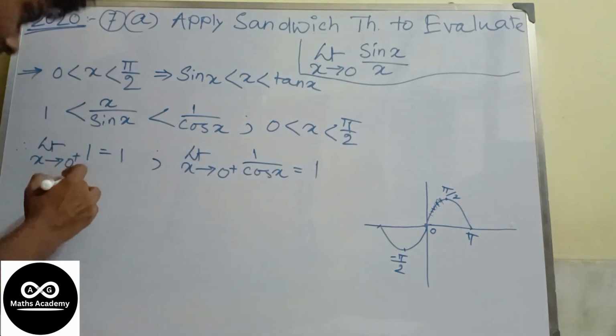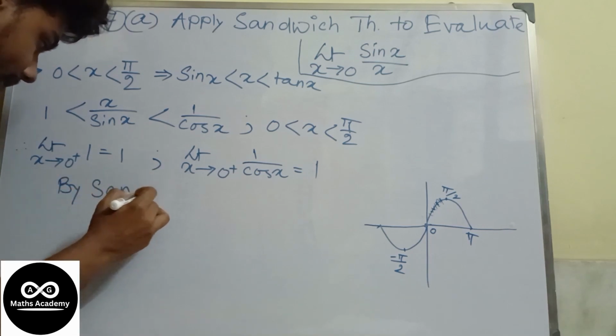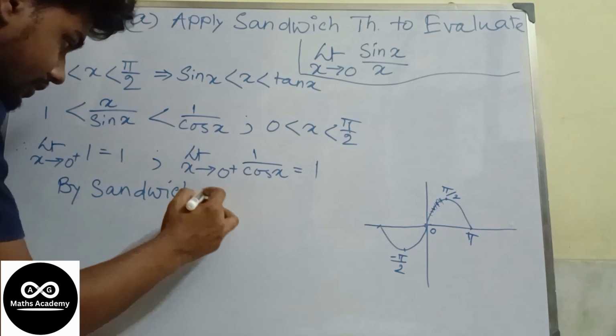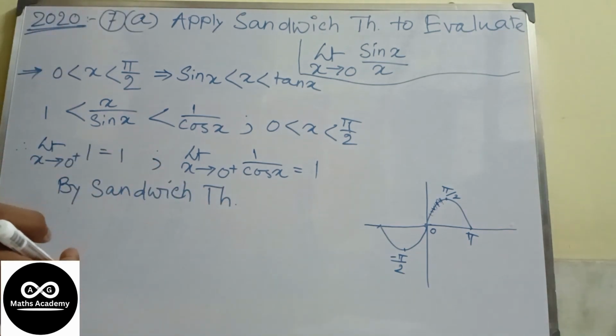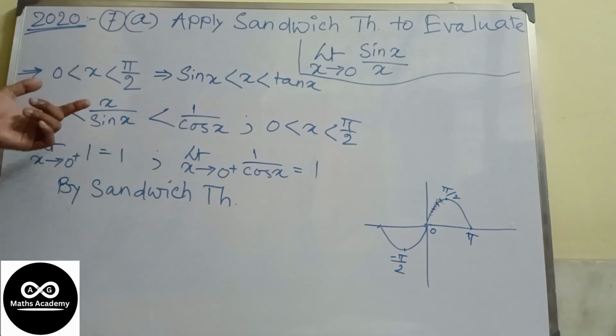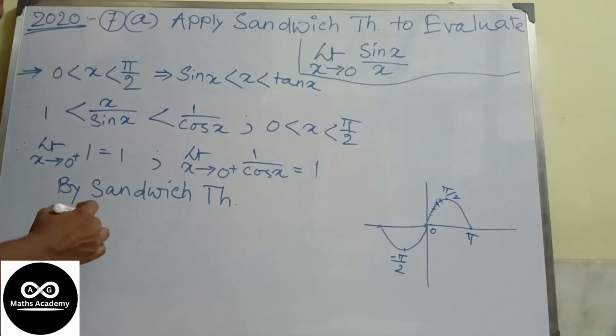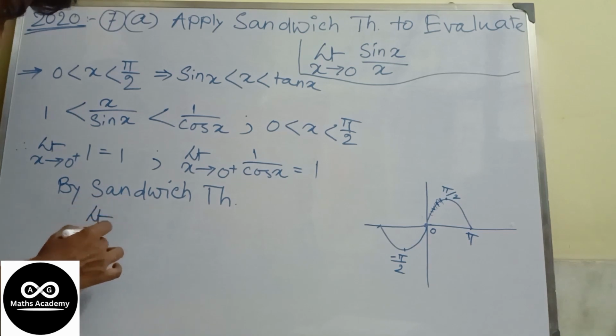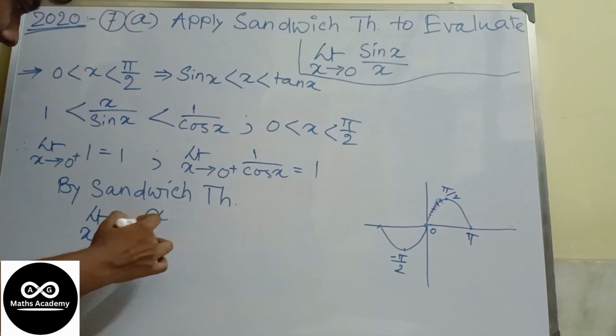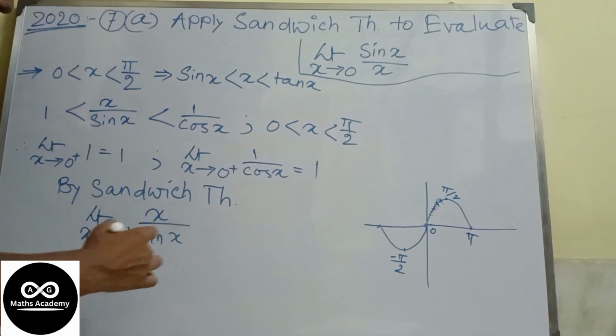So by the sandwich theorem or squeeze theorem, since the limit of the function on the left is 1 and the limit of the function on the right is also 1, the limit as x tends to 0 plus of x by sin x will also be 1. So this is the right hand limit.